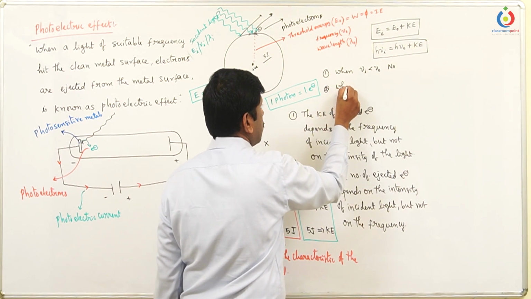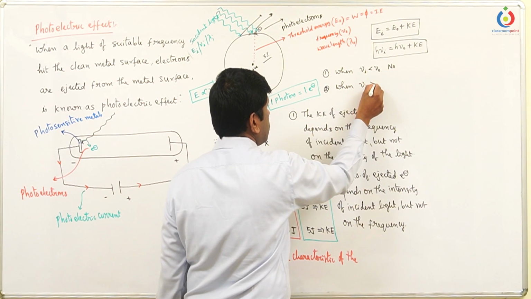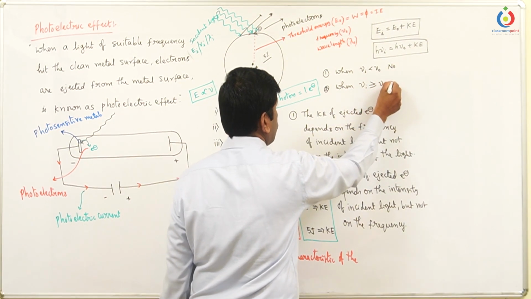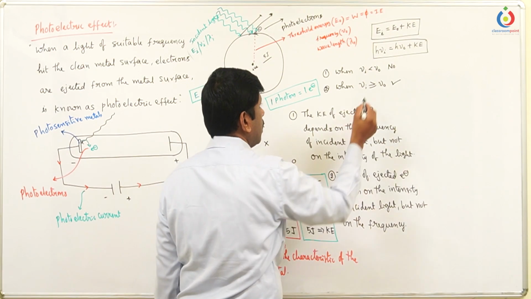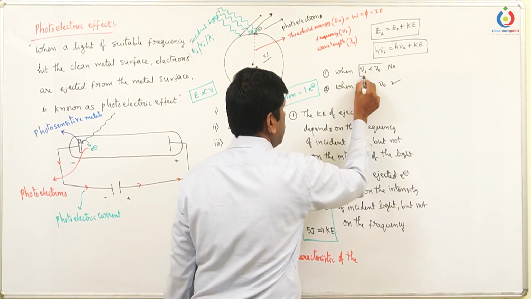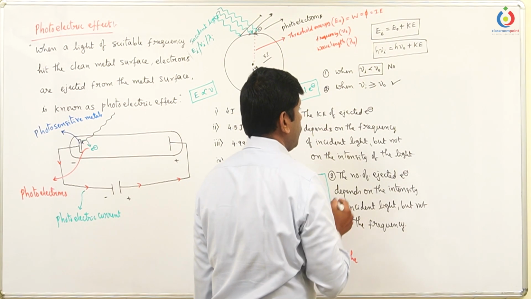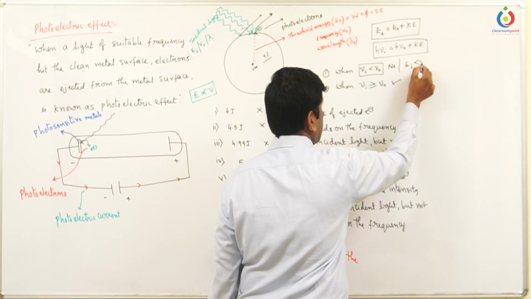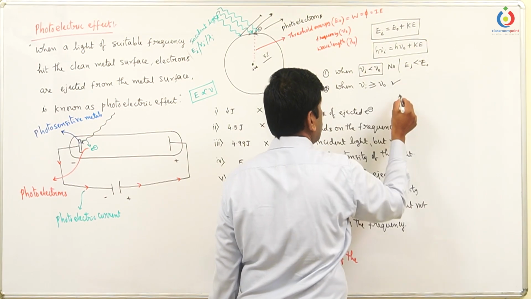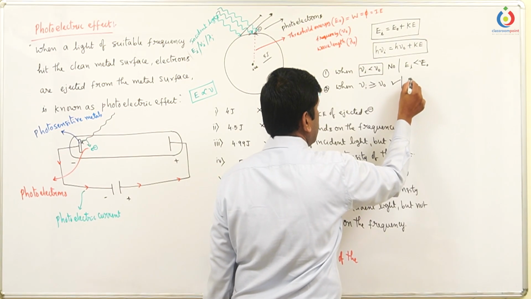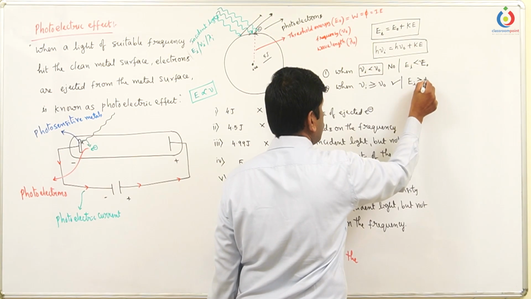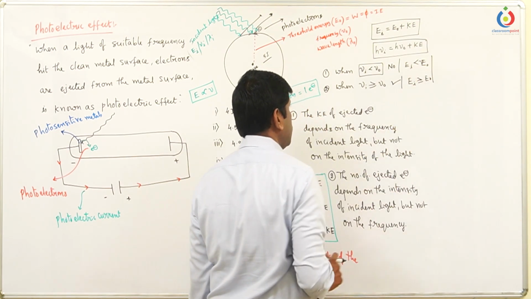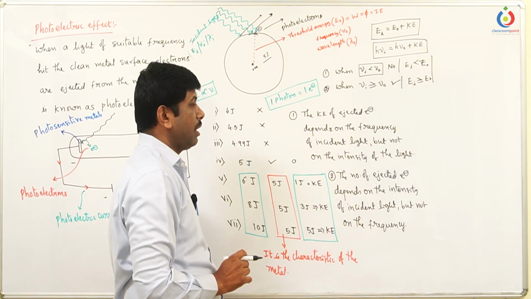But when nu I is greater than or equal to nu naught, the photoelectric effect is observed. In place of nu I or nu naught, we can use EI less than E naught, and EI greater than or equal to E naught. Under these conditions, we can observe the photoelectric effect.